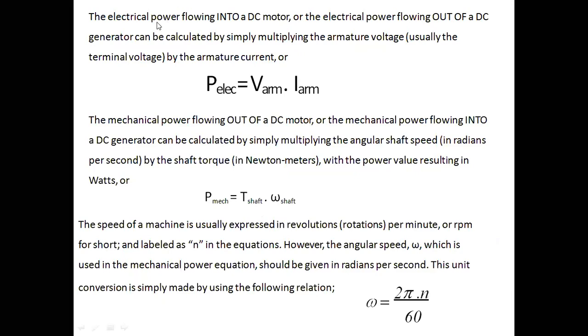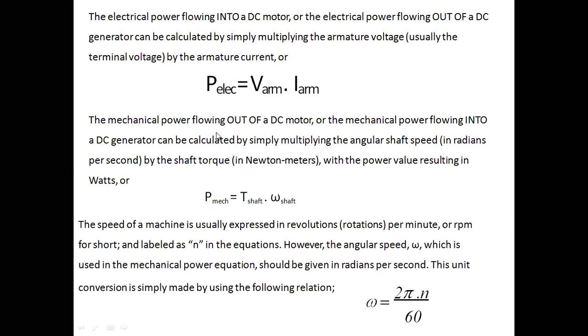If you see, we are supposed to solve equations for the power. So what we are saying, the electrical power into DC motor, we can calculate as the multiplication of voltage and current. We are calculating the power which will be related to our armature winding. So we can say P electrical equal to armature voltage into armature current.